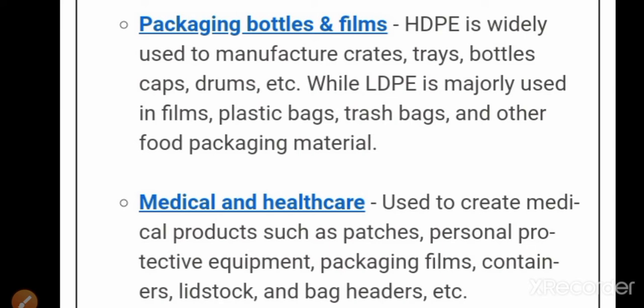They are also important in medical and healthcare. Polyethylene is used to create medical products like patches, personal protective equipment, packaging films, containers, lid stock and bag headers.